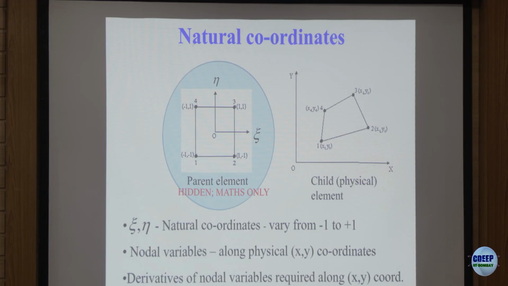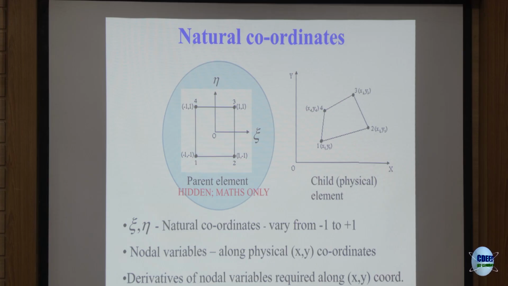The real physical world element is what is on the right hand side, which is in terms of xy coordinates. The field variable, temperature or displacement, etc., is in the right hand side picture. The derivatives we are interested in of the field variable to compute heat flux along x direction or y direction, strain and stress along x and along y, these are all in terms of real physical coordinates x and y.